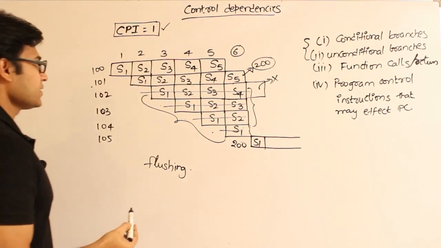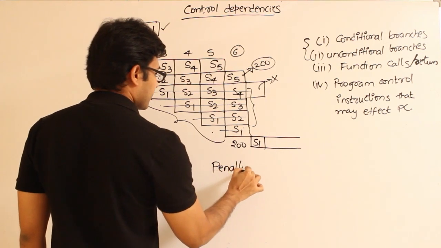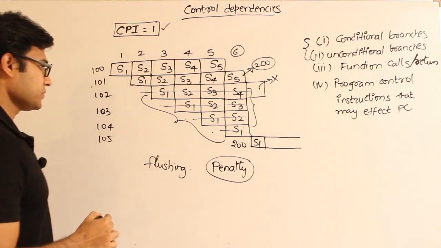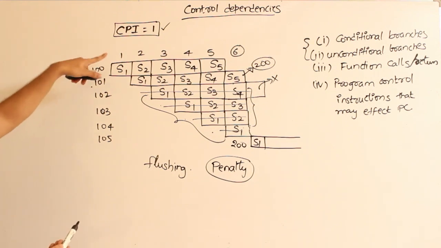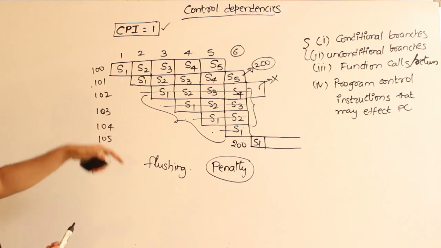That is called the penalty or branch penalty. So whenever we have a branch instruction, we have to undergo some penalty, and because of that penalty our CPI will not be 1, it will be more than 1. We shall analyze how much this CPI is going to be. I hope you understood this, right?